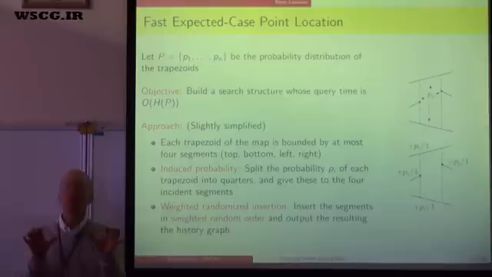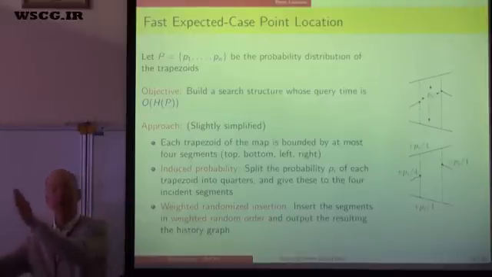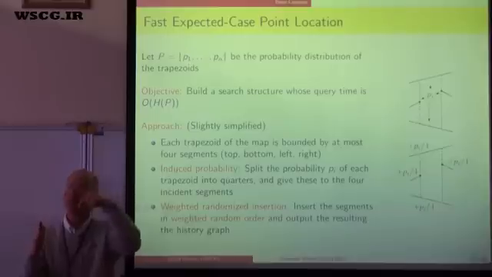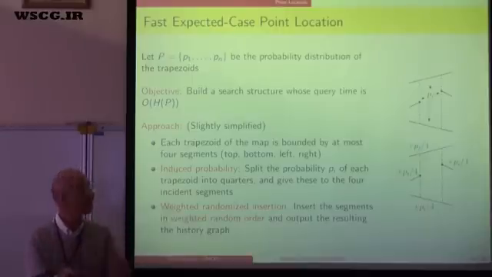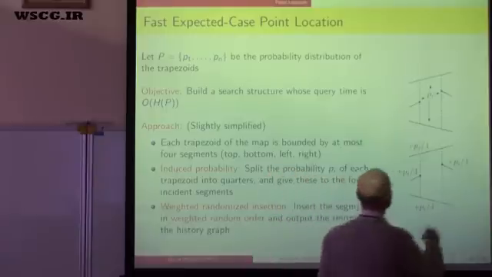Remember, what we did before was this. We said we have a probability associated with each interval, but what I'm inserting into the tree are not the intervals. What I'm inserting into the tree are the things between the intervals. So I need a way of associating the probabilities not with the empty regions, but with the things that bound those. So here's the idea for how I'm going to do that.